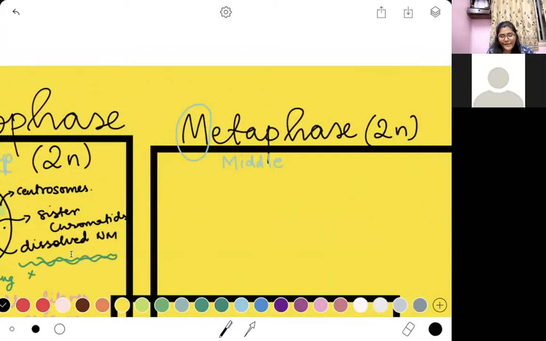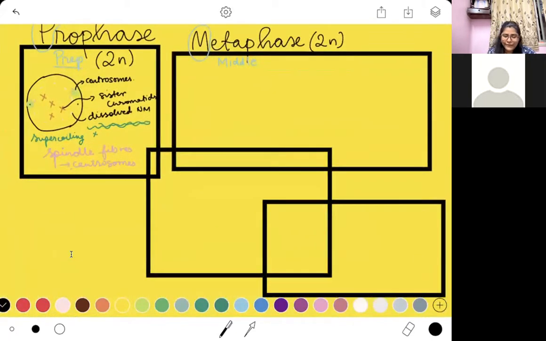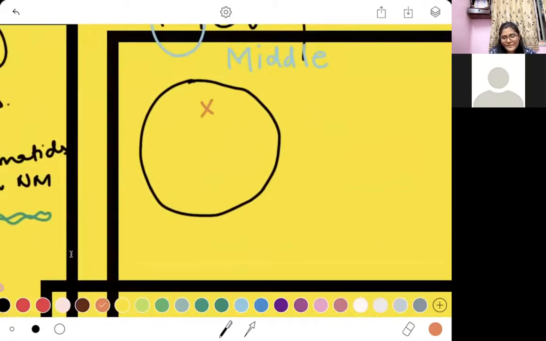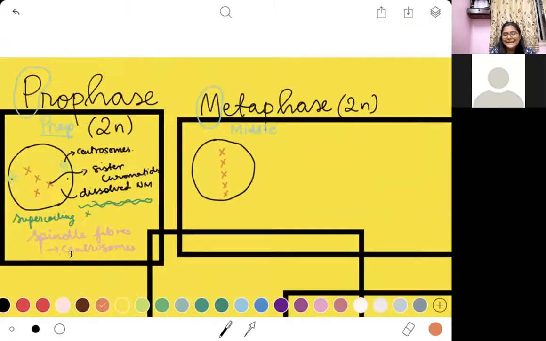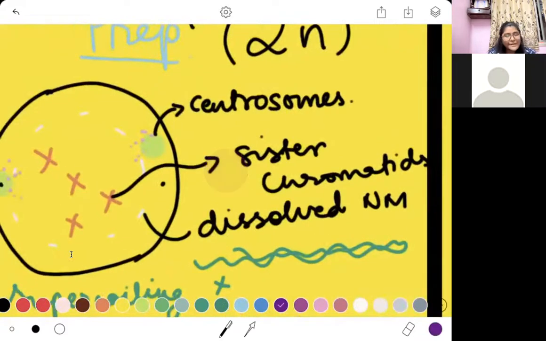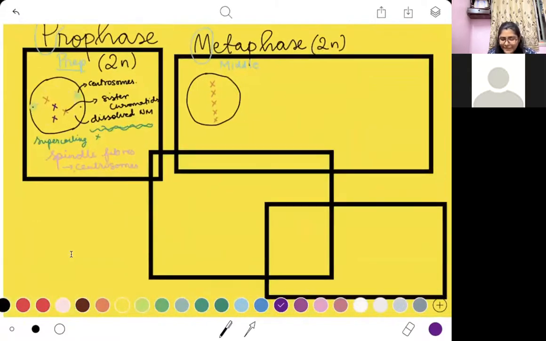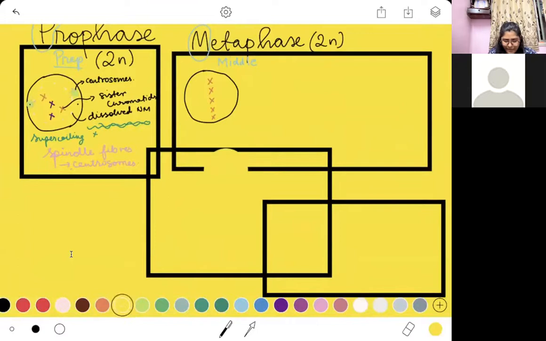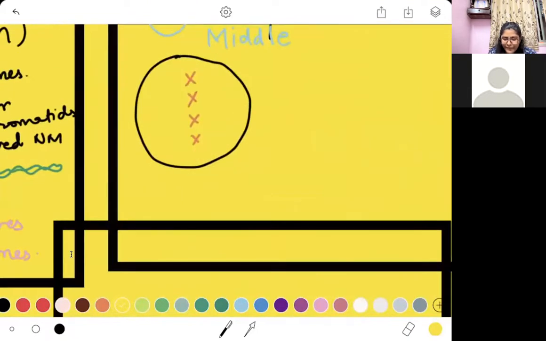Now if I draw the cell over here this way, I can definitely see my chromosomes lining up in the middle of my cell. In order to make them a little more distinguishable to you, I'm going to make two chromosomes with different colors, so that when I talk about them separating, you know exactly what I am talking about.